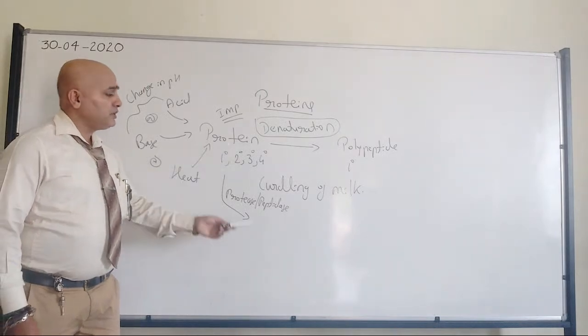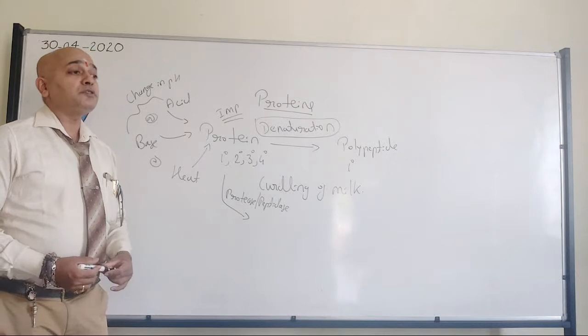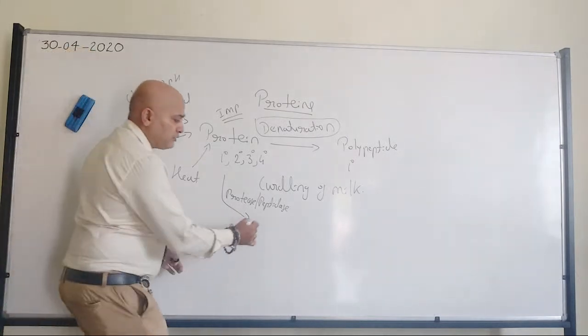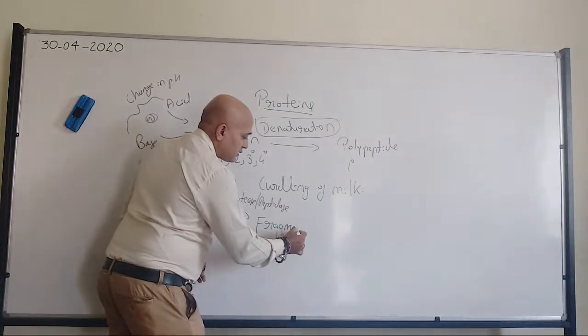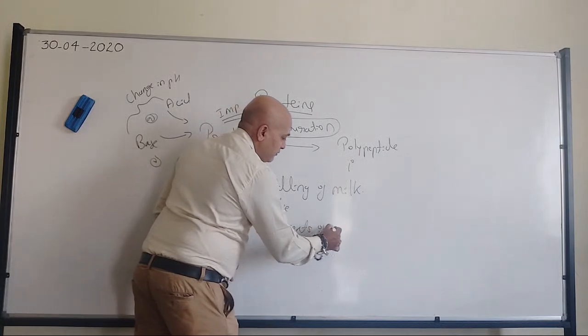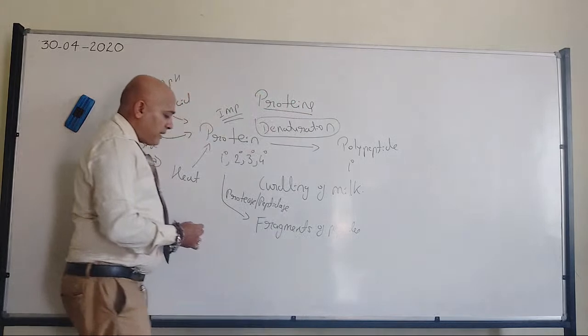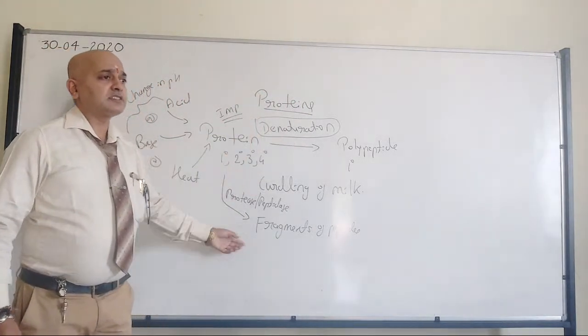Now, when protein is treated with protease, we are not going to have the denaturation because we are going to get the fragments of peptides. We are going to get the fragments of peptide and even some amino acids. That means I have lost primary structure also.